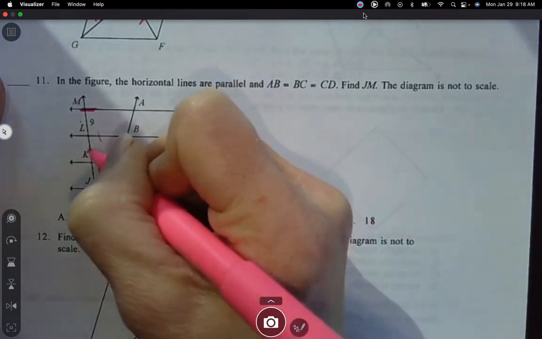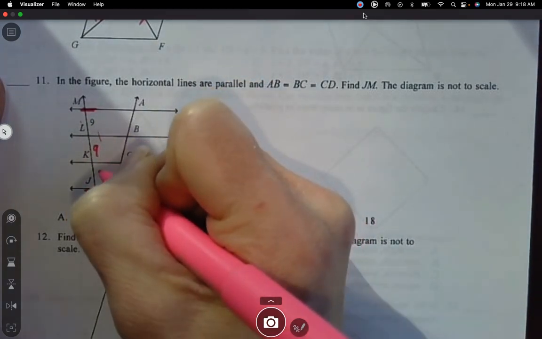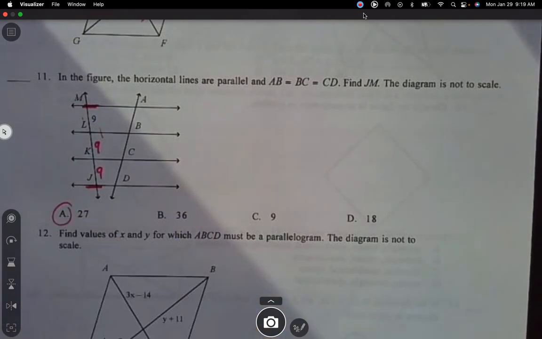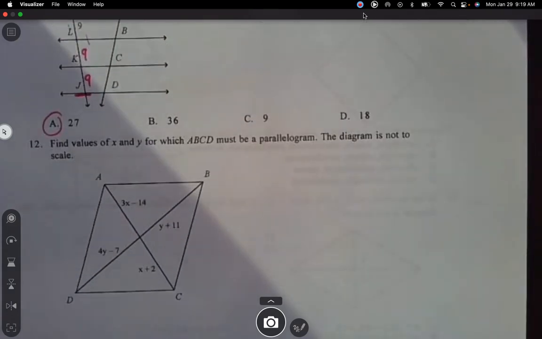So if that one's 9, what's this one? What's this one? And some people miss this one. What's the answer? It's 27. Some people try to add in an extra. I don't know why, okay? But it's just 9, 9, and 9. Okay, yep, it was 27.